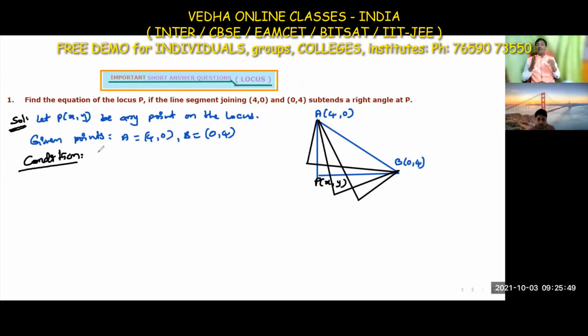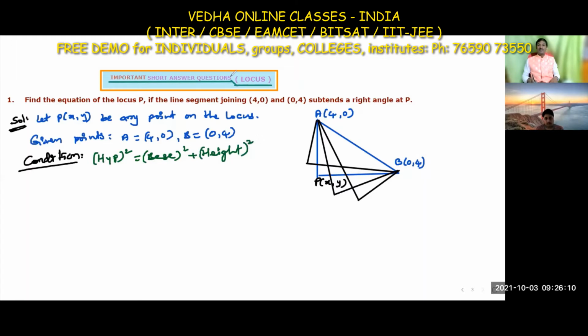What is the condition in a right angle triangle? Pythagoras theorem: hypotenuse square equals base square plus height square.